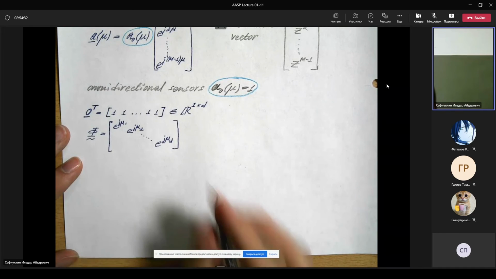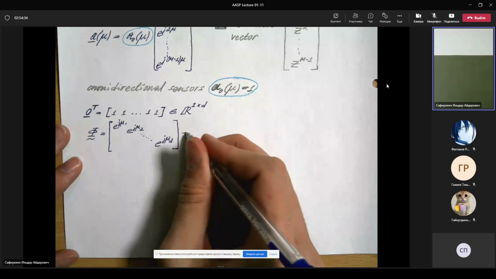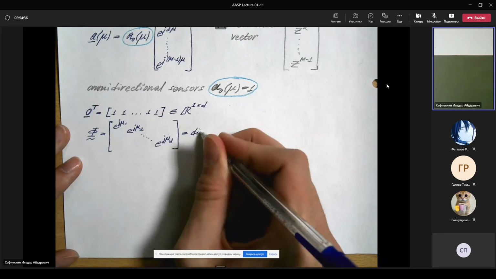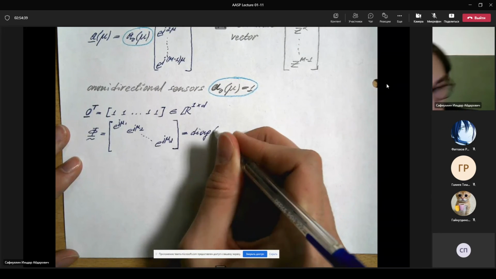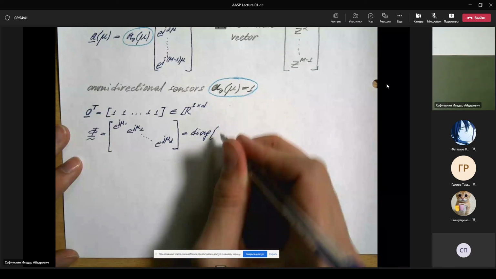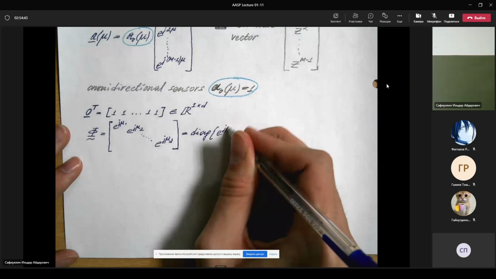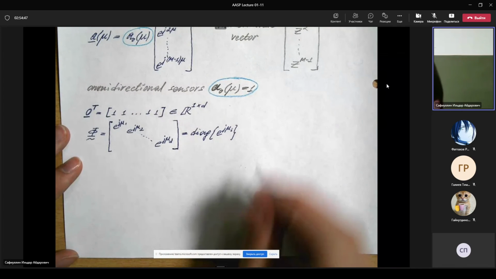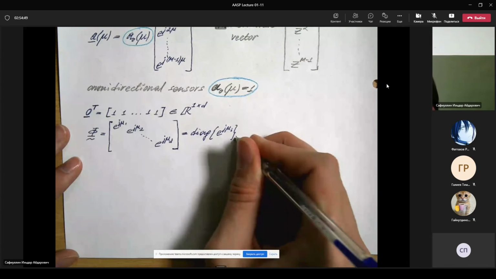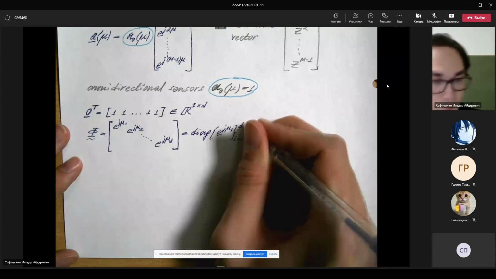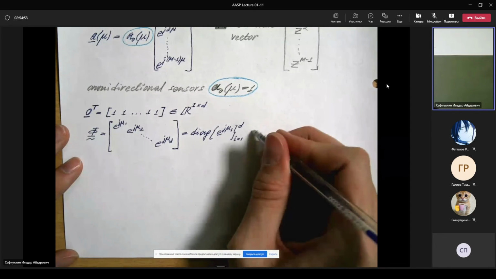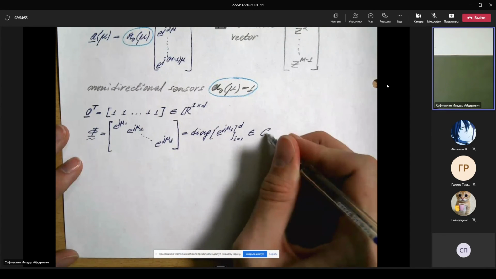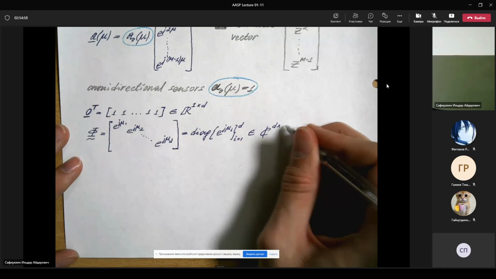Or we can write this matrix as a diagonal matrix with the elements e to the power of j mu i, where i goes from 1 up to d. So this matrix is complex, of size d times d.